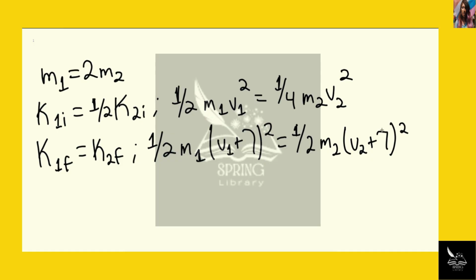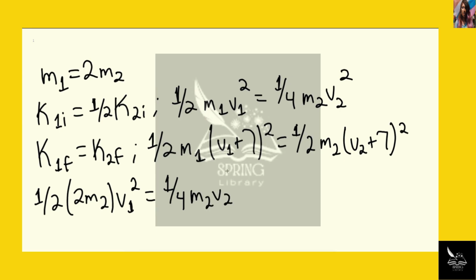So at this point, we can substitute in for this and say that 1/2 times 2 times mass sub 2 times velocity sub 1 squared would be equal to 1/4 mass sub 2 velocity sub 2 squared.